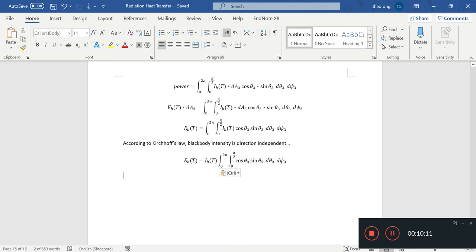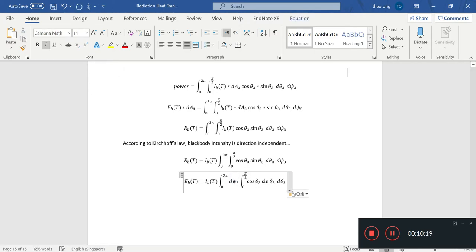So we can just evaluate the integral as so. Psi can be evaluated first, and this will just give you 2 pi. And if you plug this into Wolfram, you just get half.